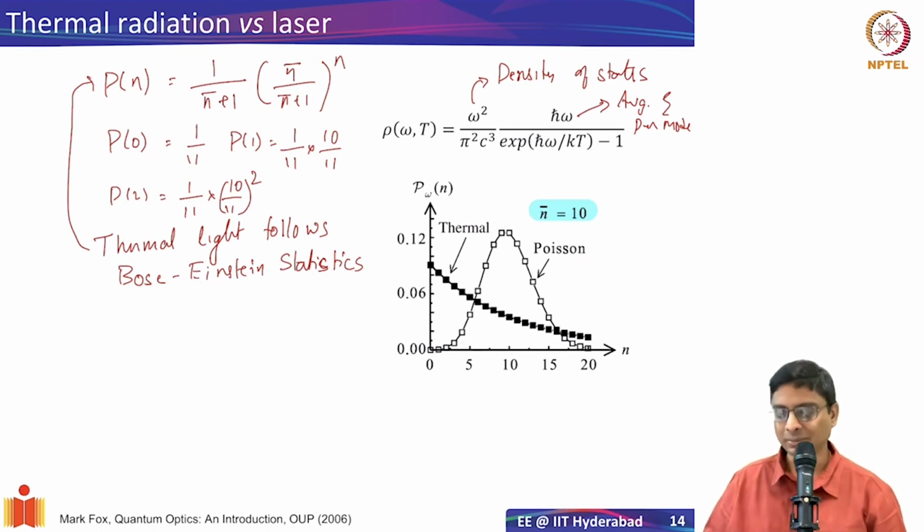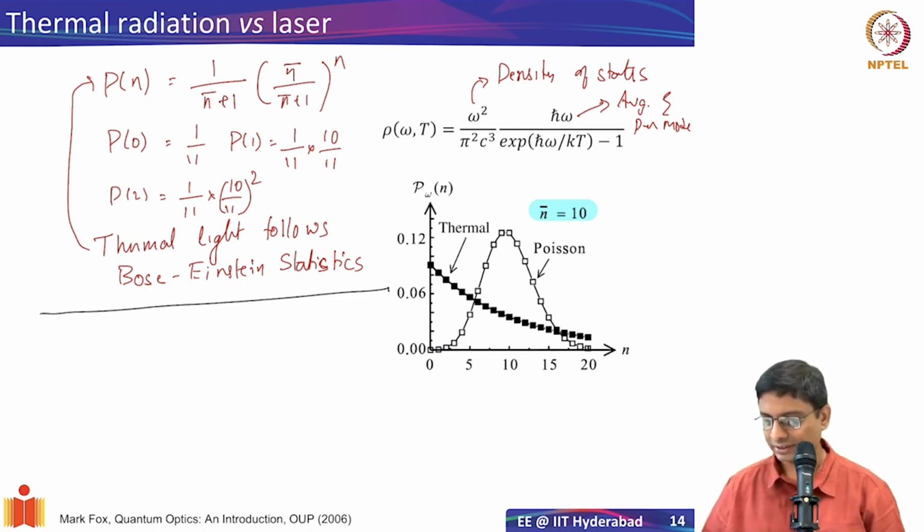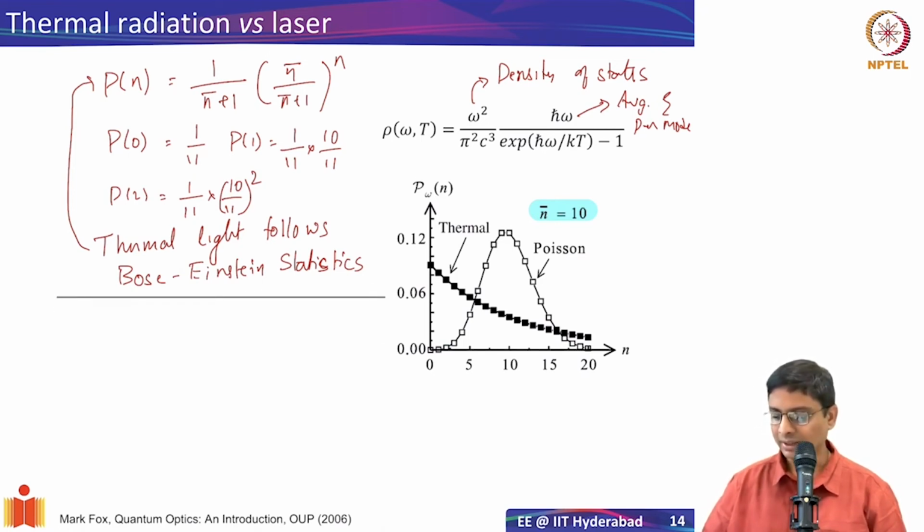So this is the probability distribution. Now you will see why it is not Poissonian. If you have Poissonian statistics, delta n is going to be the square root of n bar. This is Poissonian.